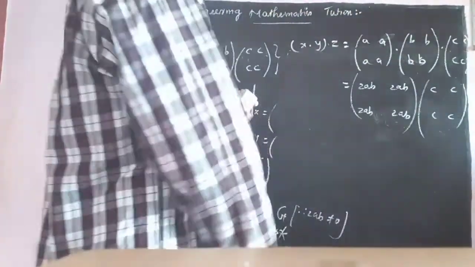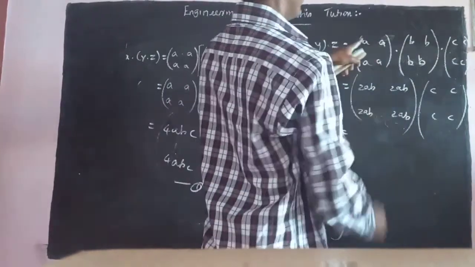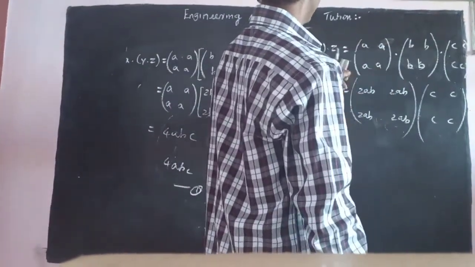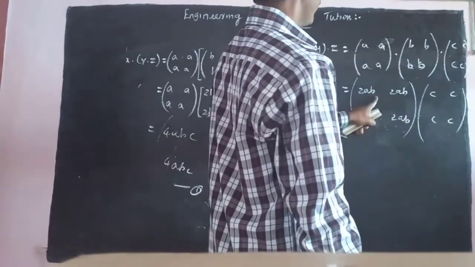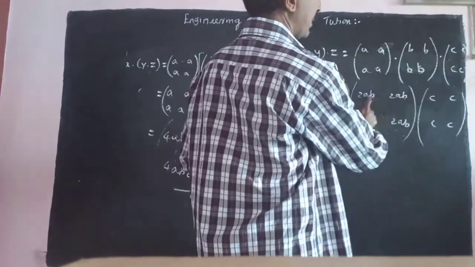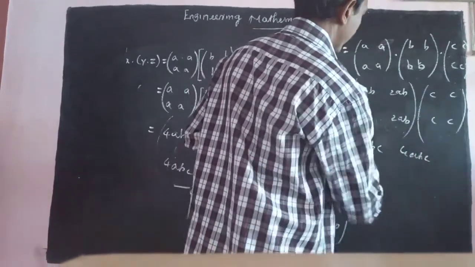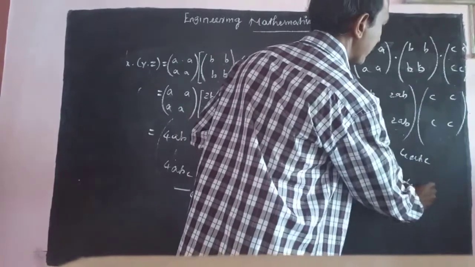So X dot Y, that is AB, so that is equal to A dot B plus 2AB, then this 2AB dot C, 2ABC plus 2ABC, that is 4ABC in every entry.